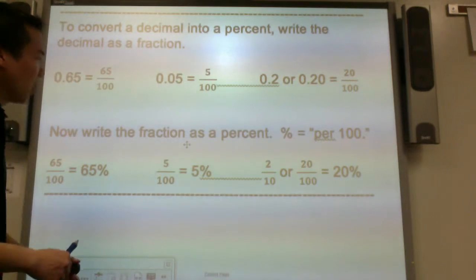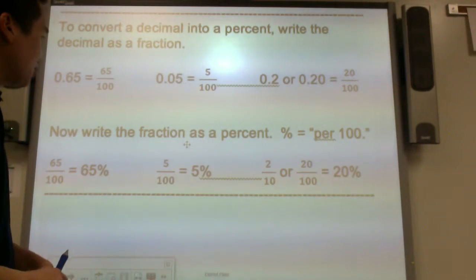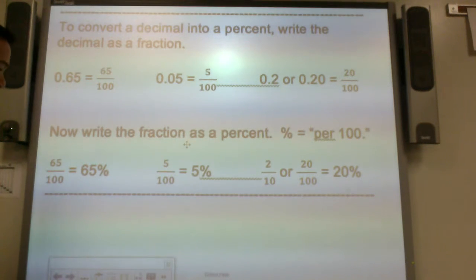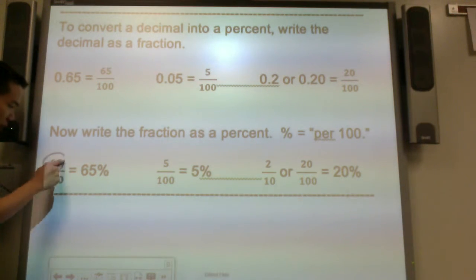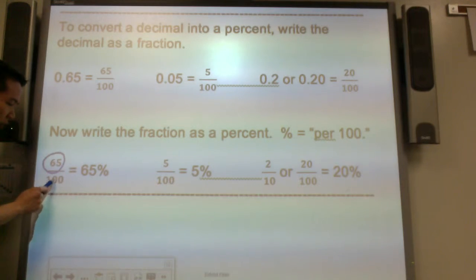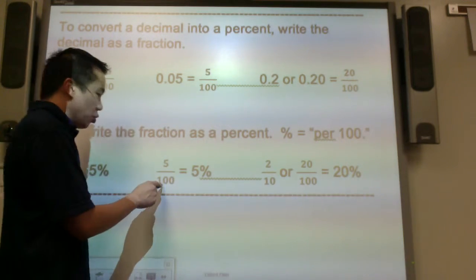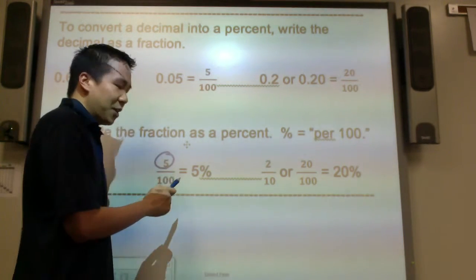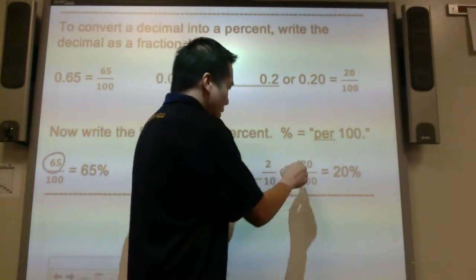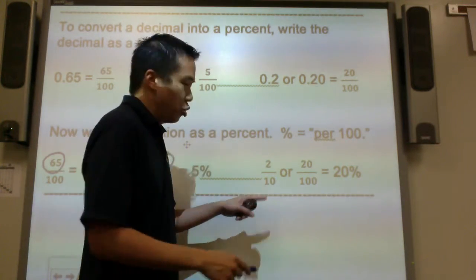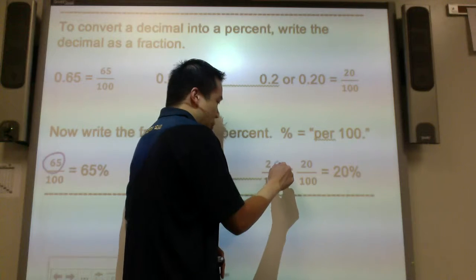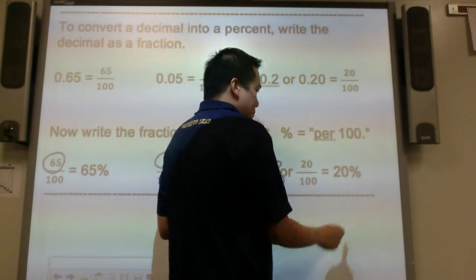Now you write the fraction as a percent, because percent means per hundred. 65 per 100 is 65%. 5 per 100 is 5%. Can you build 10 to 100? You multiply by 10, so it's 20%.